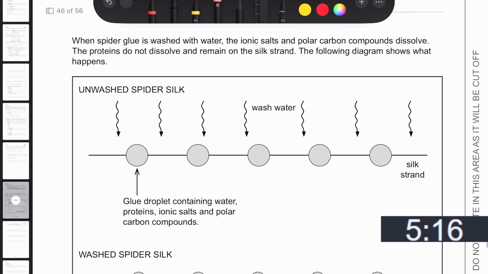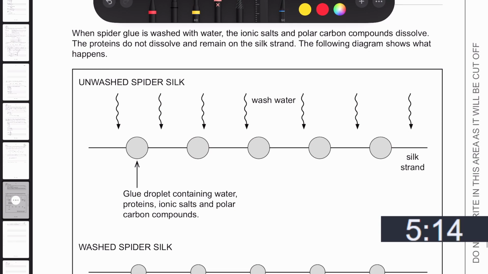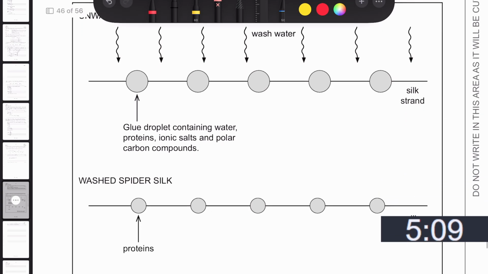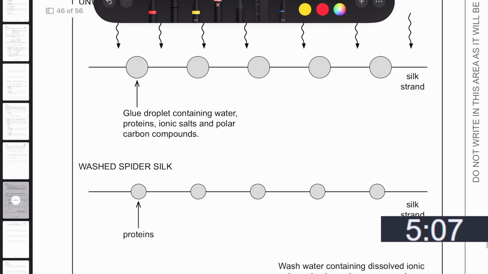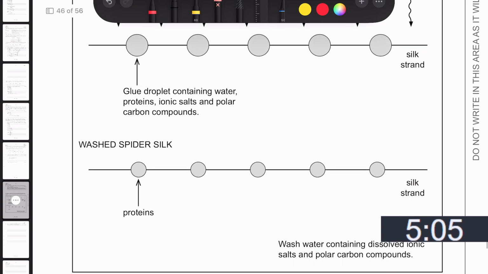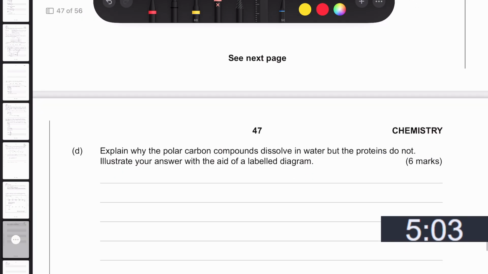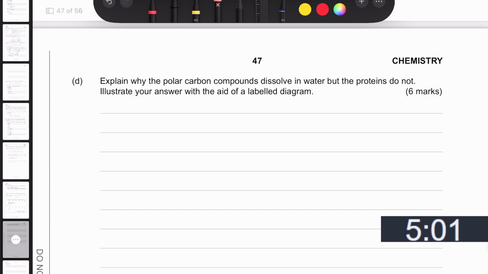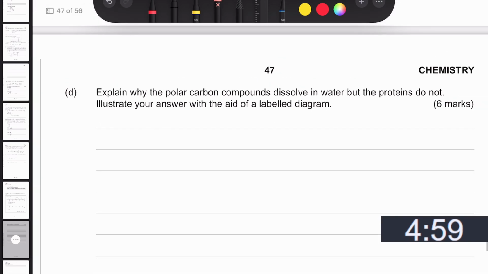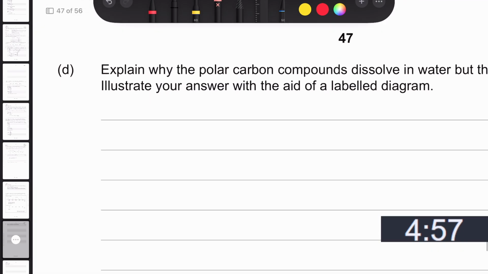Ionic salts, polar carbon compounds dissolve.